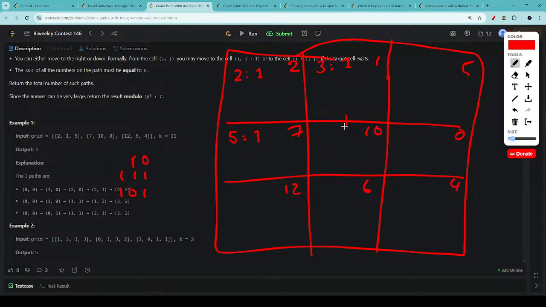What about here? Now, there are two ways of getting here. You can come down, or you can come from the left. If you come from the left, there's only one way of getting to the square on the left, and its XOR value is 5. So you take 5, you XOR 10. What is 10 in binary?